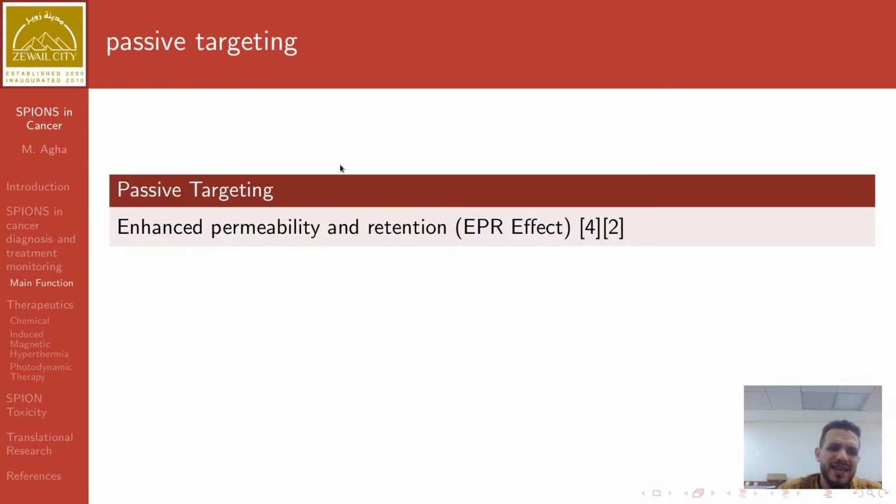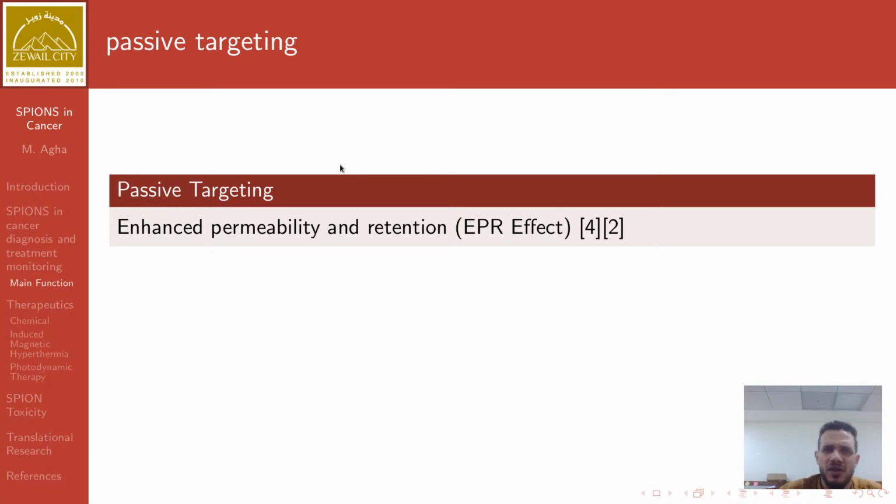So we have passive targeting, which is enhanced permeability and retention. It just means that we rely on other physical or physicochemical properties that surround the cancerous cells.